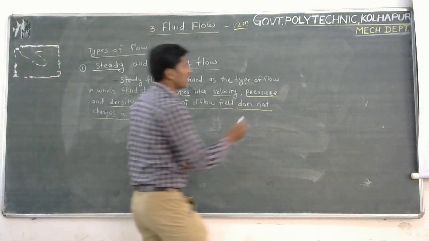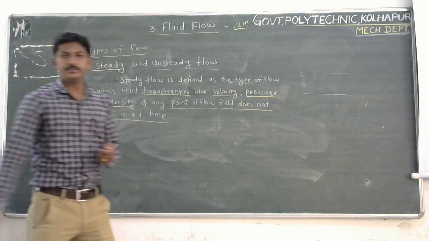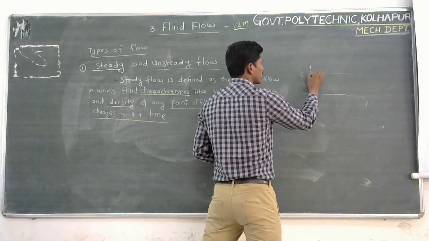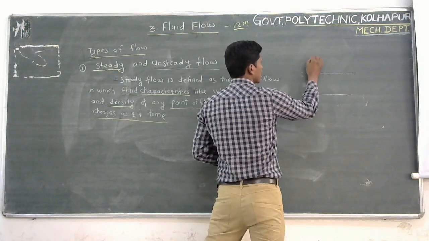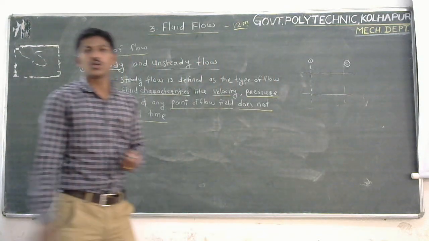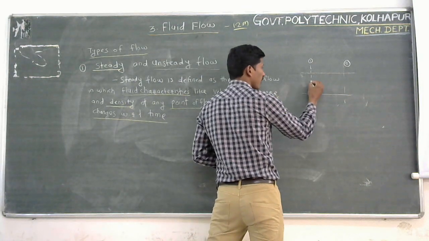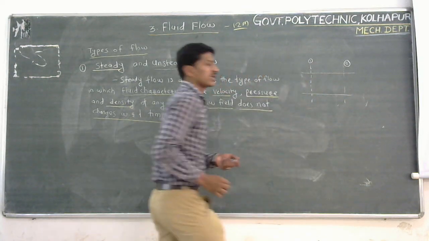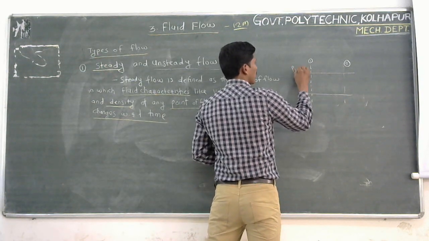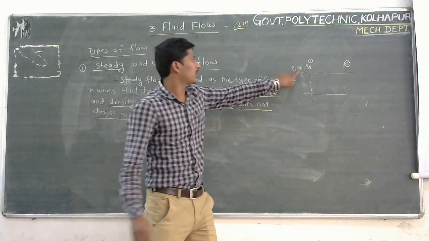If you consider a pipe flow, I will explain what it means. If we consider a flow through a pipe, and we have taken two sections, section 1 and section 2. At section 1, we will consider that the properties of fluid are P1, V1, and ρ1: pressure, velocity, and density.